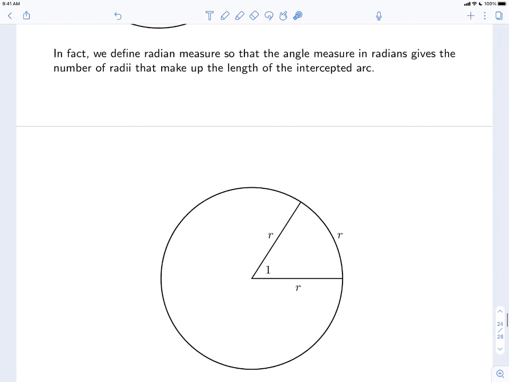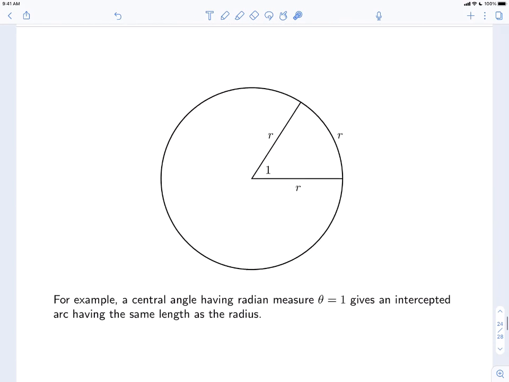This is a little bit easier to see if you think about it in terms of a number. For example, the number 1. If you have a central angle which has measure 1 radian, that means that the intercepted arc will measure 1 radius, the same length as 1 radius.